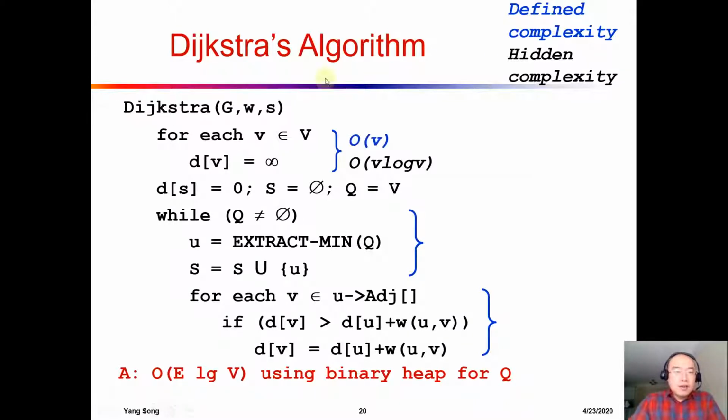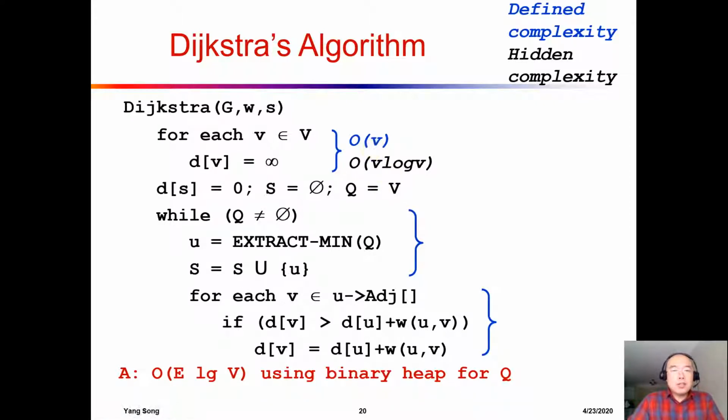For the first part, for each vertex we set d equals infinity. By definition, that is O(V), because we are only visiting each vertex once. And since we are using a min heap, we have to build the min heap with V values.